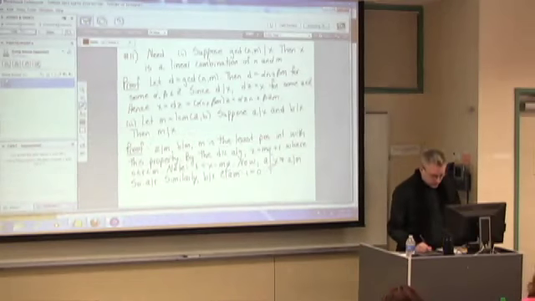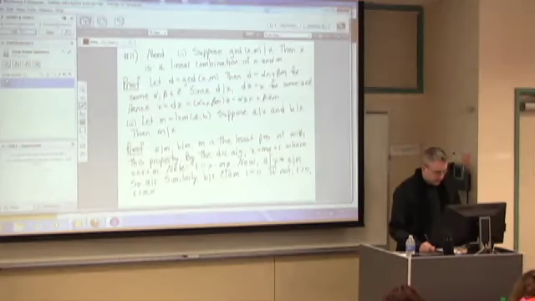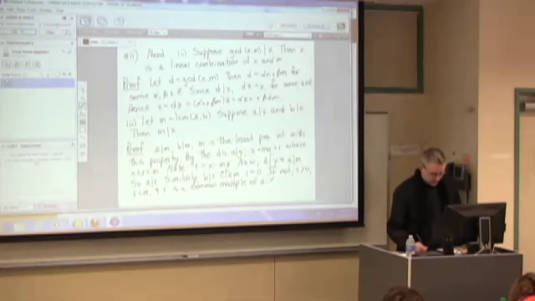If not, r is bigger than 0, r is less than m, and r is a common multiple of a and b.